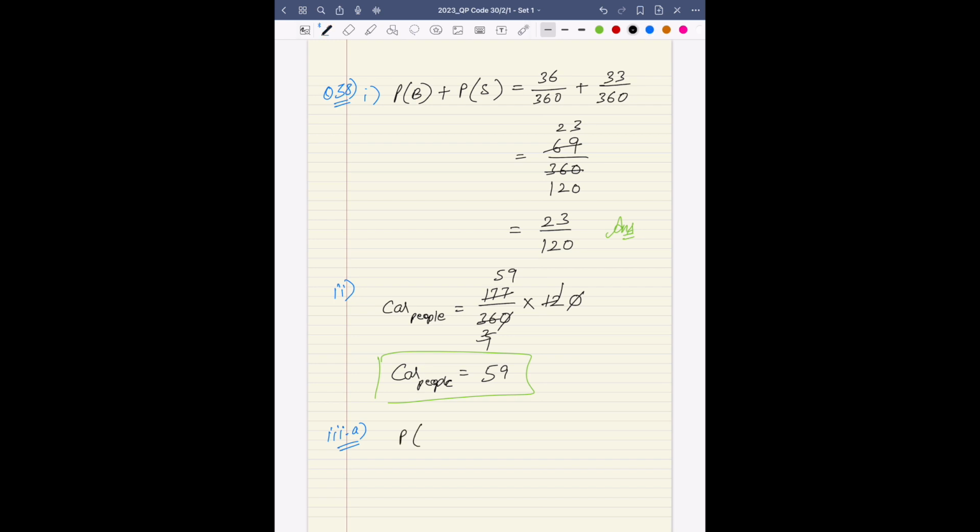First of all, probability of people who have used train plus probability of people who have not used train, I'm going to use a complement, is always 1. Remember, probability of an event happening or not happening is always 1, right? So probability of people who travel by train is 1 minus P dash T, and P dash T is nothing but people who did not travel by train, which is 4 by 5.